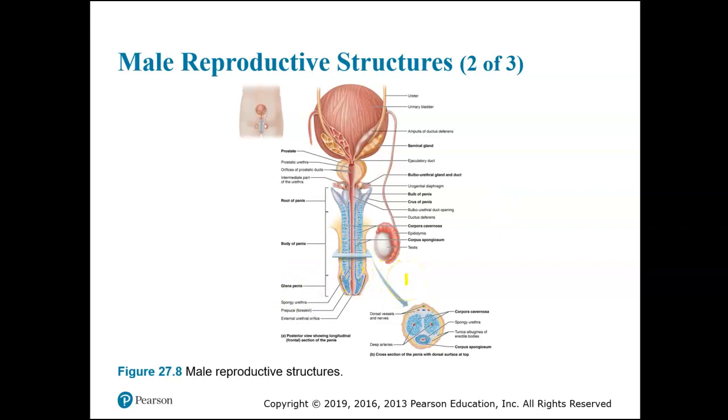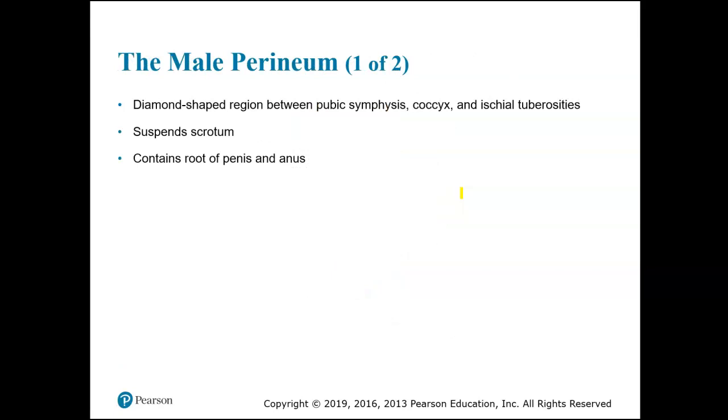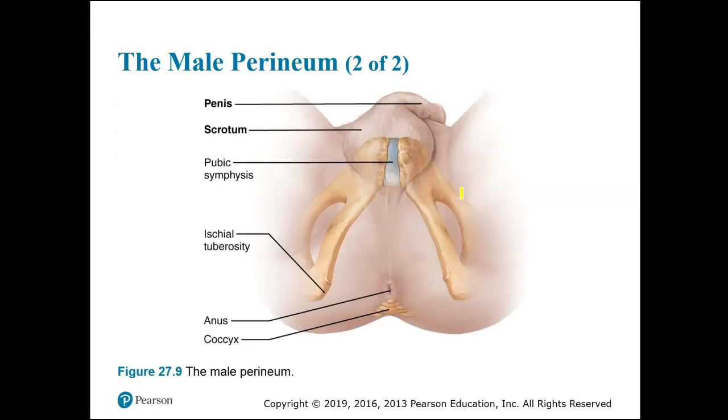Mostly questions that I ask are going to be about contributions of the seminal glands, which are here and here, the prostate gland, and the bulbourethral gland, how they contribute to semen, and then I will ask you some questions about sperm production and the changes that sperm undergo until they're ready to fertilize an egg.